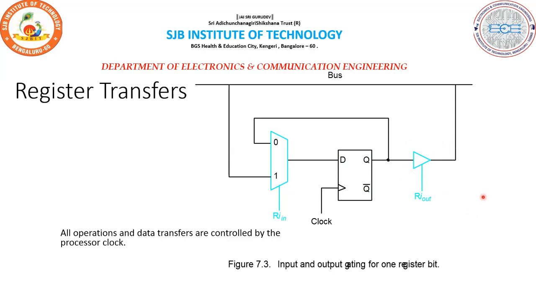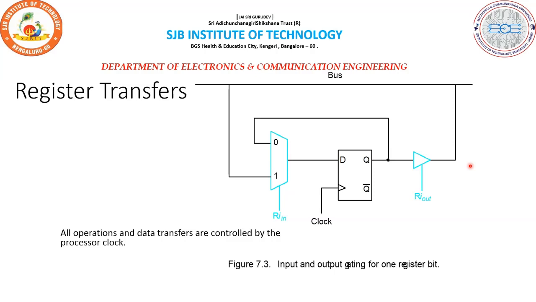The Q output of the flip-flop is connected to the bus via the tri-state gate. When Ri out is equal to 0, the gate output is in the high impedance state, which corresponds to the open state of the switch.